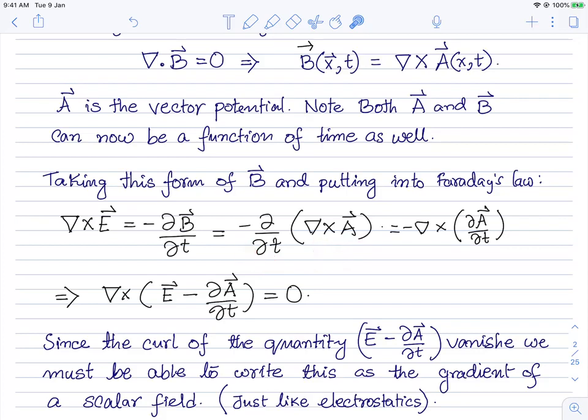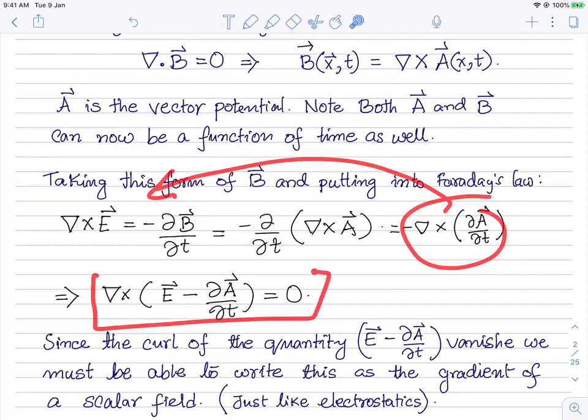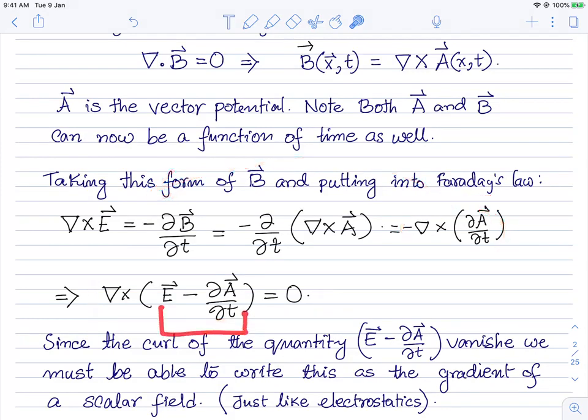That is always possible because these are independent variables. If we do this exchange, then we can take this term to the other side of the equation and write it as a condition on a vector. This vector is this combination, electric field plus the time derivative of A. This vector must be curl free, and this follows explicitly from Faraday's law.